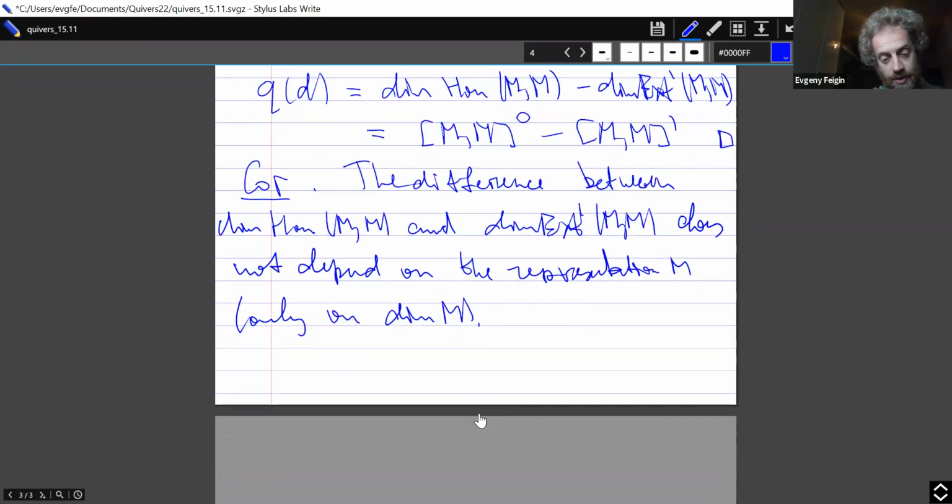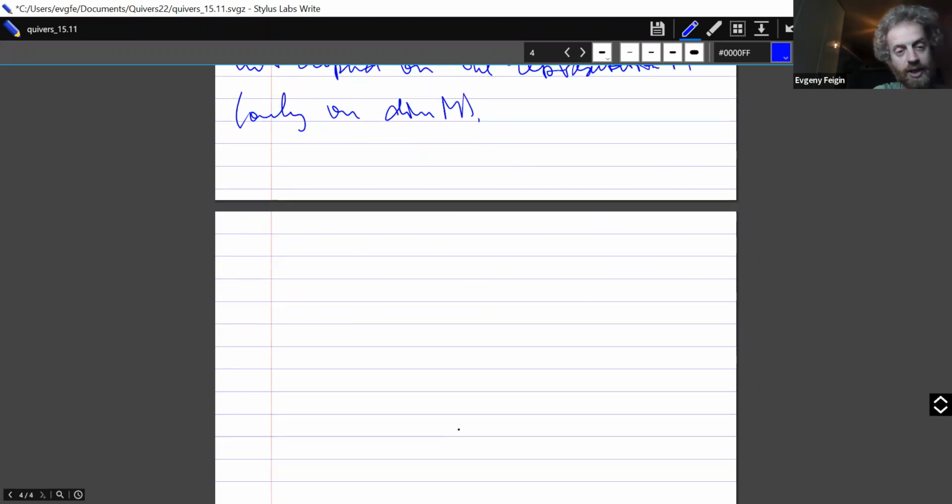Okay, so that's it. And one more place where the quadratic form of the quiver pops up is the following formula, which is going to be rather important for us.